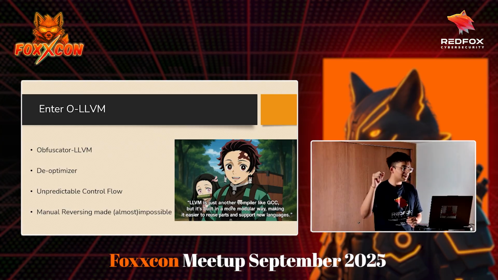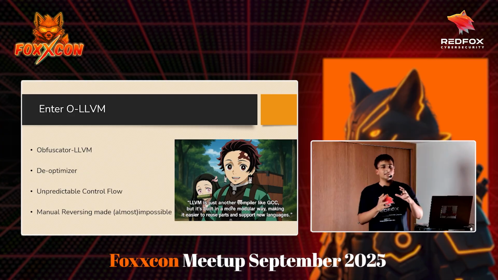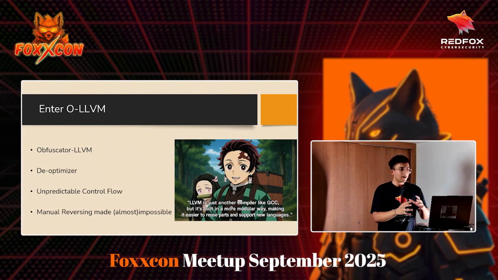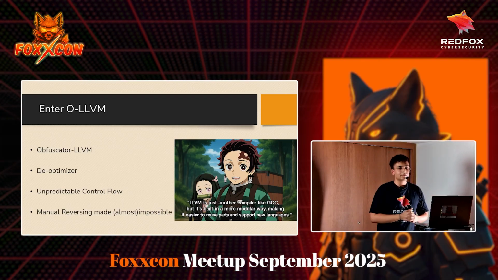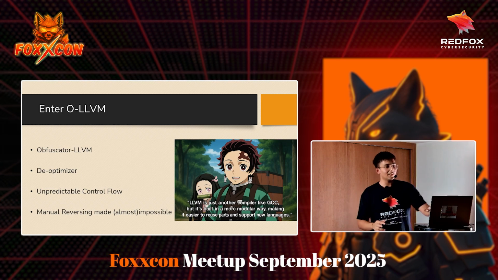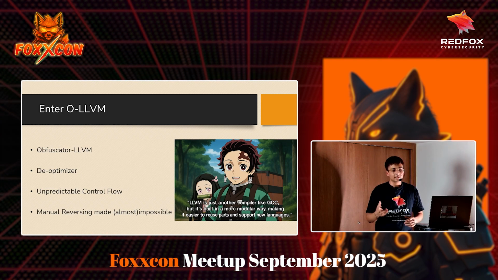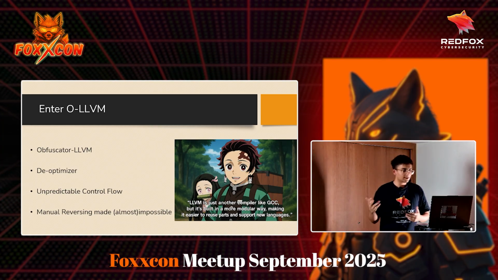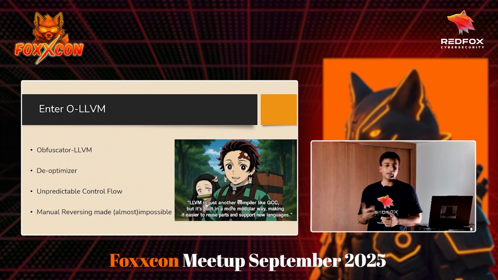So it is a de-optimizer. Instead of optimizing the code that you've written and boiling it down, what it does is it makes it even more ugly. I don't mean that it was ugly in the beginning, but just saying. So it makes it very ugly. I'll actually show you examples of this later, but it makes the control flow very unpredictable.